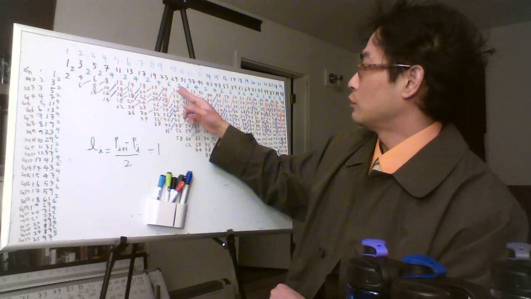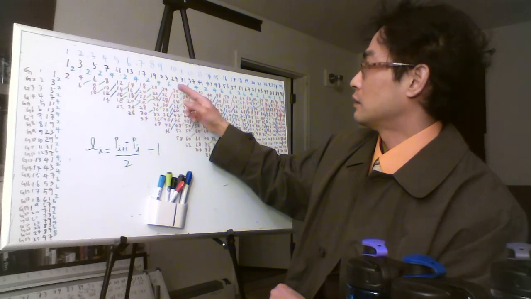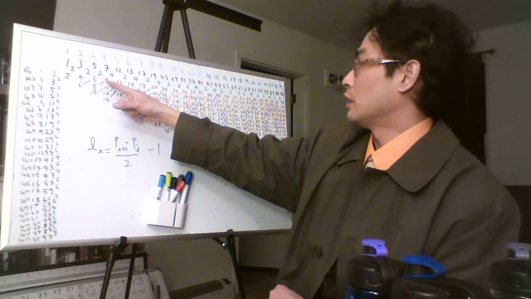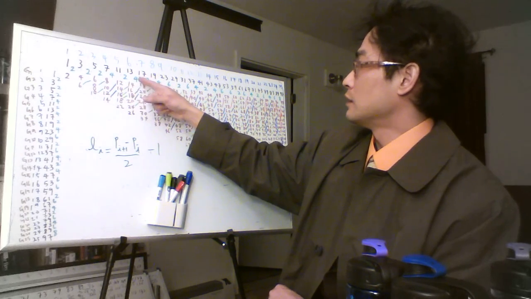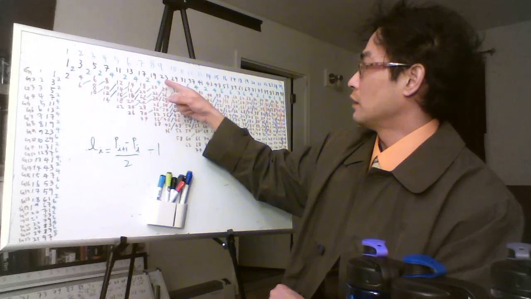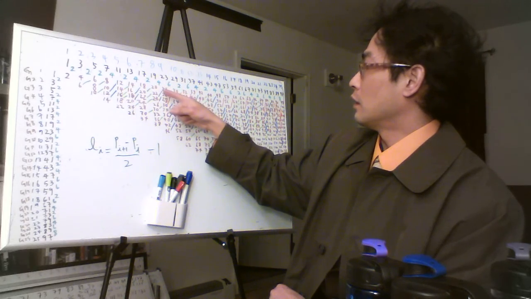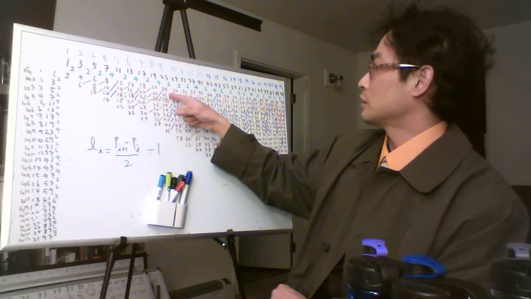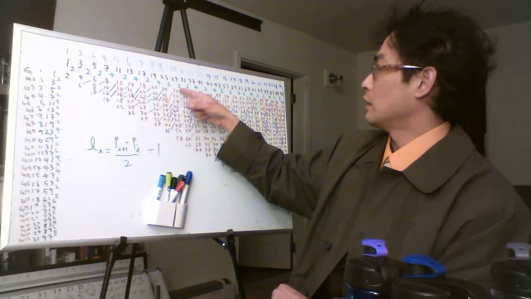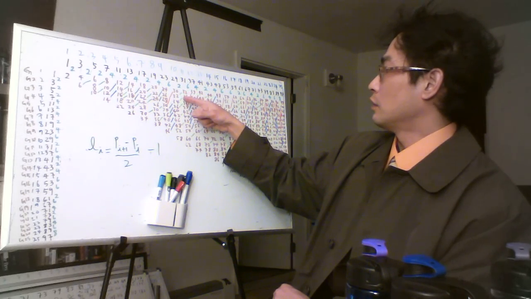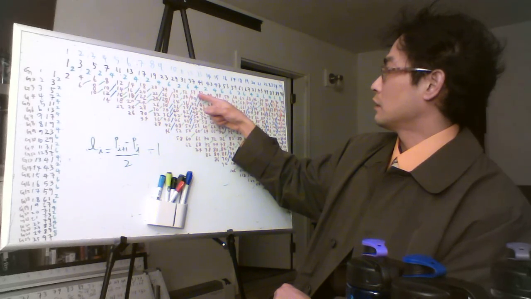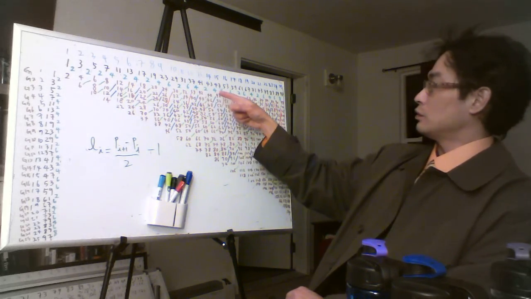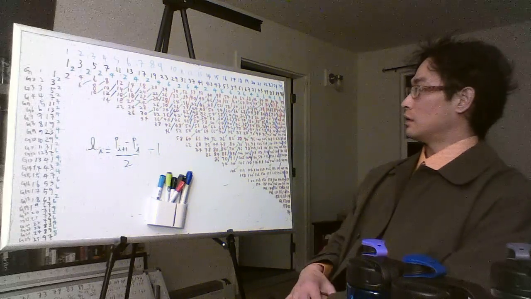How about all the way to 28 and 29? 2, 4, 6, 8, 10, 12, 14, 16, 18, 20, 22, 24, 26, 28, 30, 32, 34, 36, 38, 40, 42, like that.